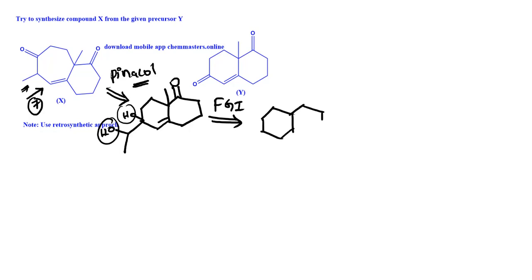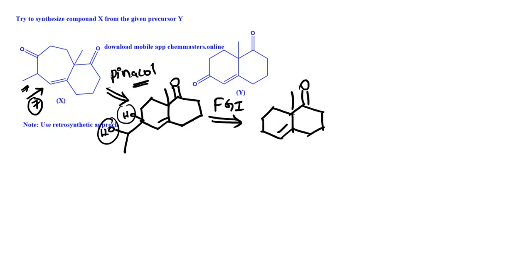The well-known rearrangement we can use is the pinacol rearrangement. Here is the OH and here is the OH. So this is the retrosynthetic step. Now what needs to be done? Here we have a diol, so the functional group inversion should take place.